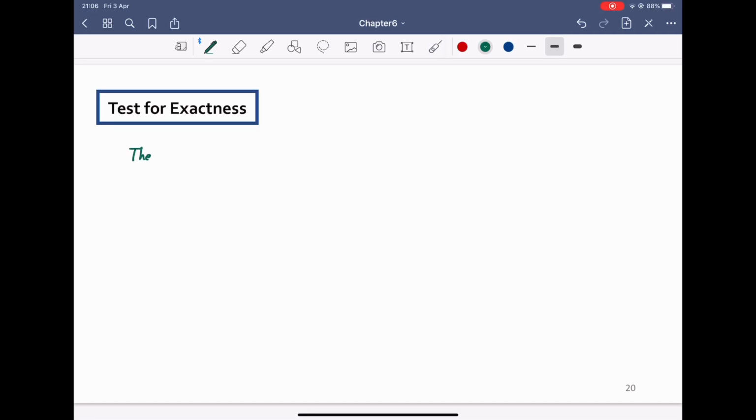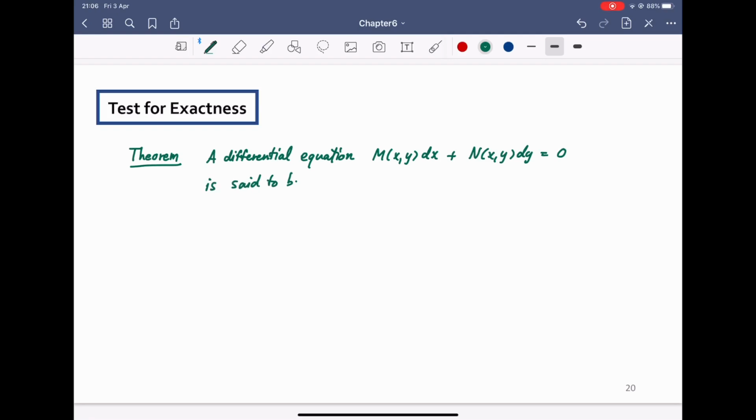So, theorem: a differential equation of the form M(x,y) dx plus N(x,y) dy equal to 0 is said to be exact if the partial derivative of M with respect to y equals the partial derivative of N with respect to x.